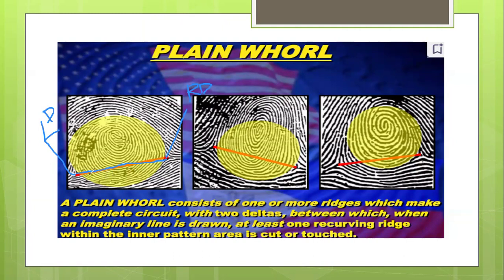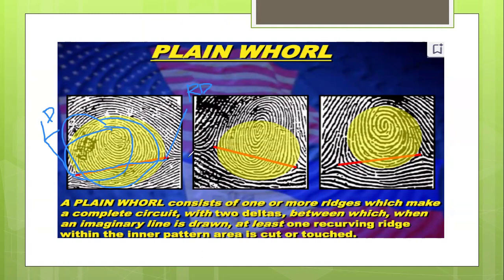Here they are. These are the circuiting ridges. Very clear. There are circles. That means it is a plain whorl, since when an imaginary line is drawn between two deltas from left to right delta, there are ridges touching the imaginary line.